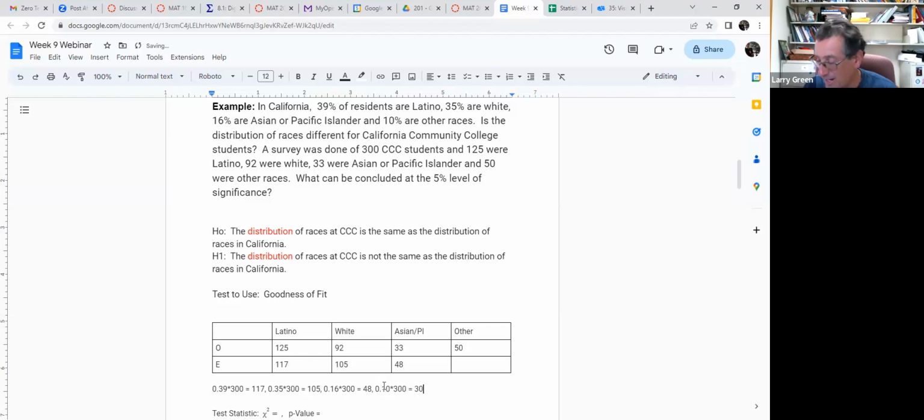That one you might be able to do in your head. 10% is easy. Just drop the 0. Okay, and then we get 30. Any questions at all on creating the observed and expected table?